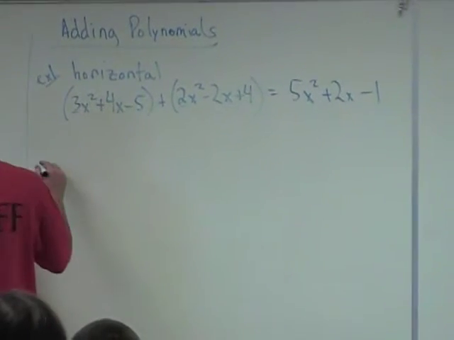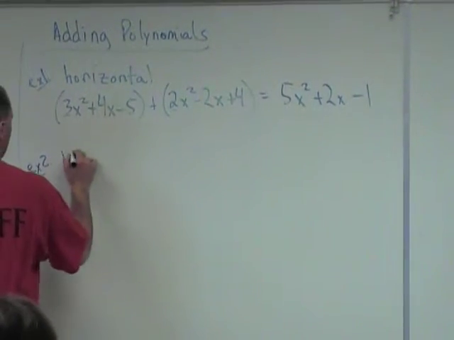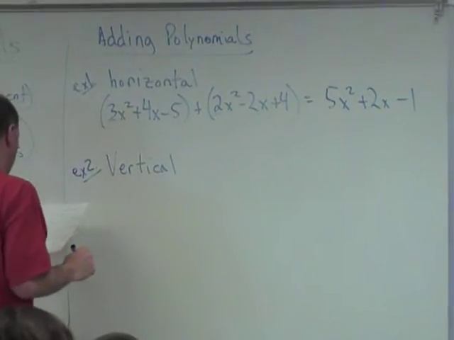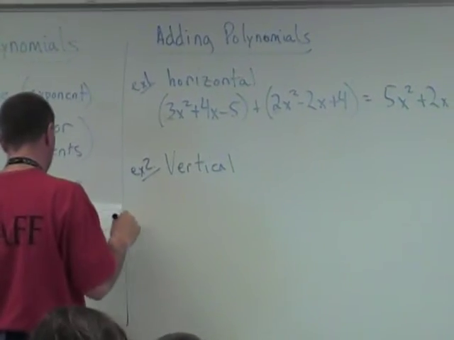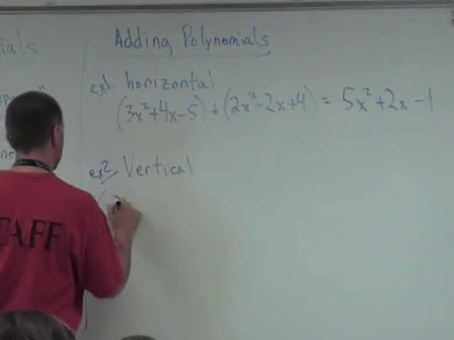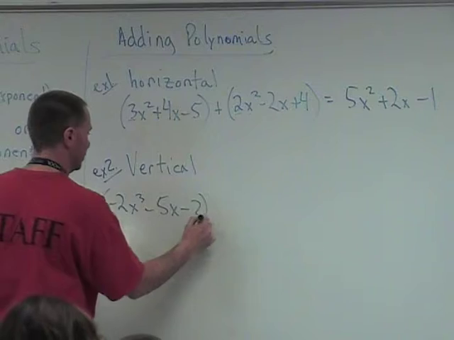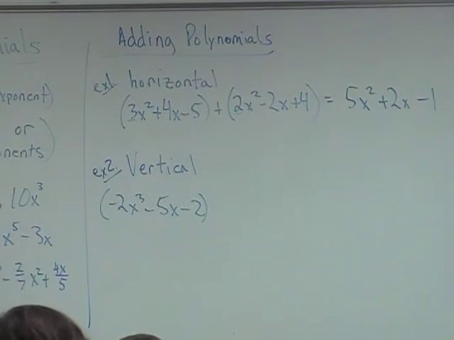So example 2. So here are your two expressions in parentheses: negative 2x cubed minus 5x minus 2. So that's the first expression.